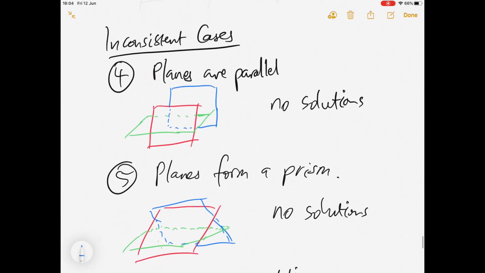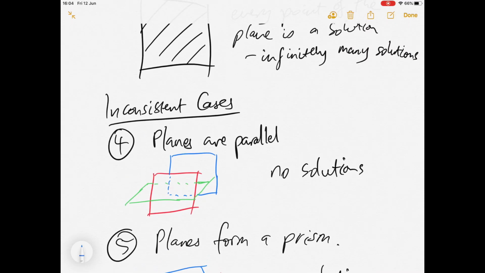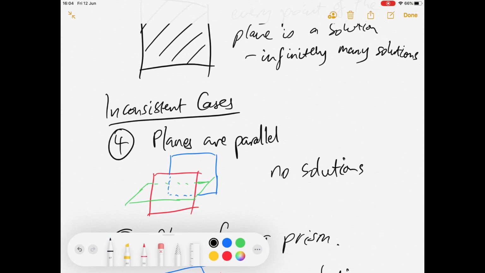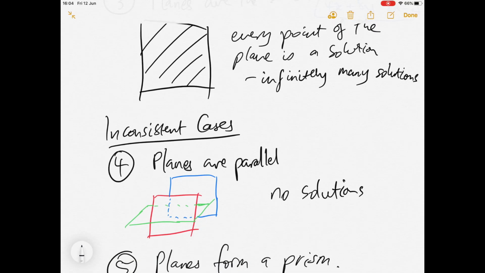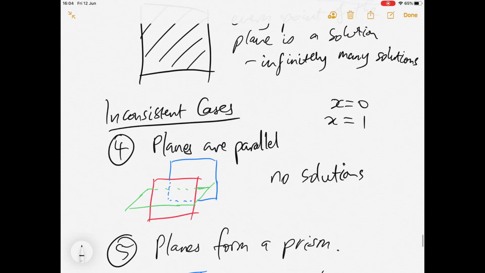And then onto the inconsistent cases, you'll know if planes are parallel because, first of all, just think about the planes x equals 0 and x equals 1. These are parallel. If the x-axis is coming out of the screen, x equals 0 is the screen itself.